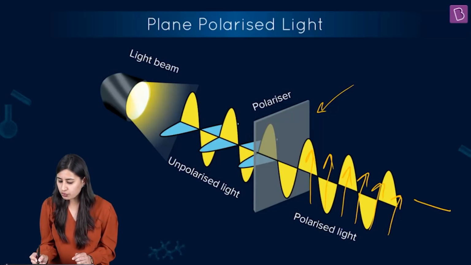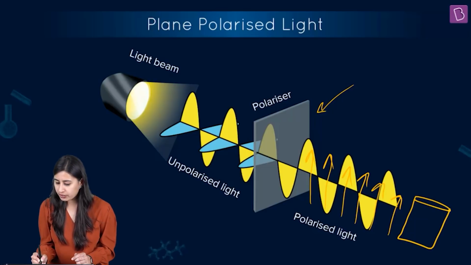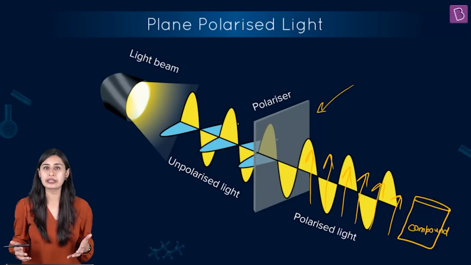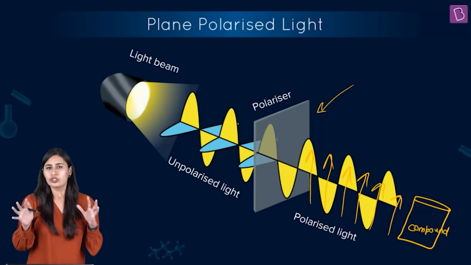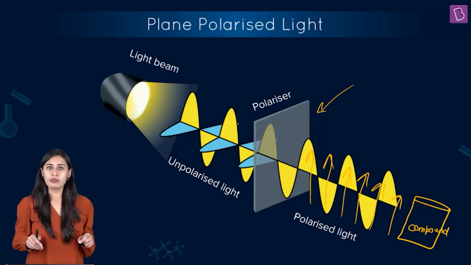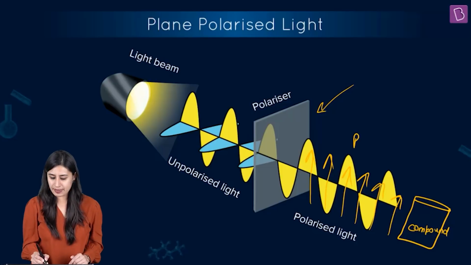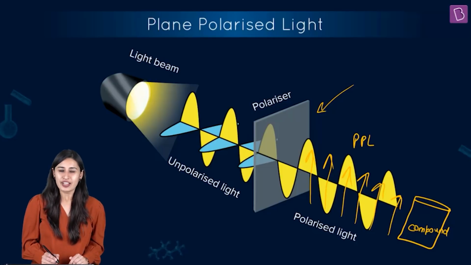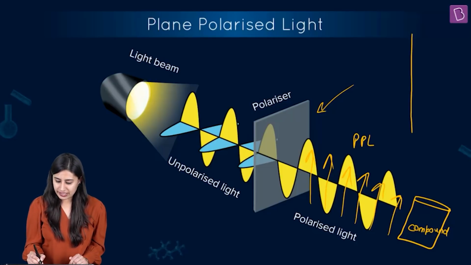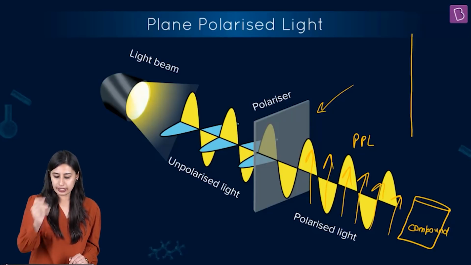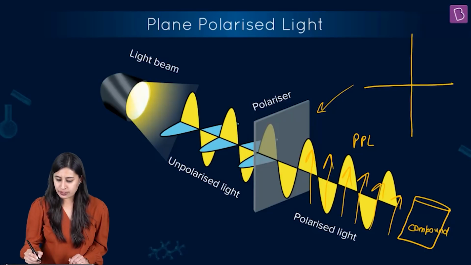And now what do we do? We put a particular compound here, and let's say it's an optically active compound or a chiral compound. Okay? So if we take this optically active compound and let the plane polarized light, or simply PPL, pass through it, there can be two types of rotation.